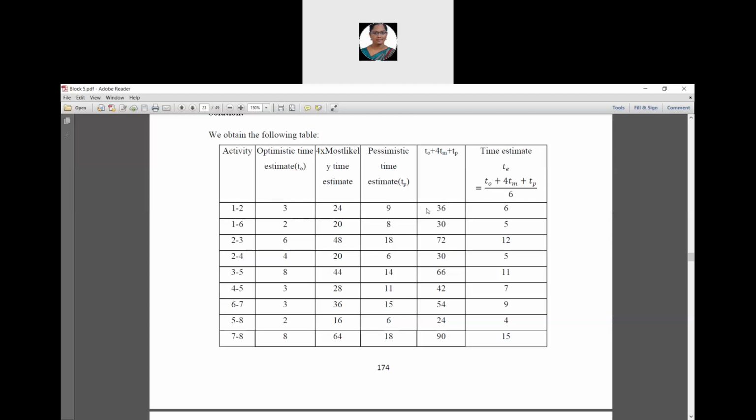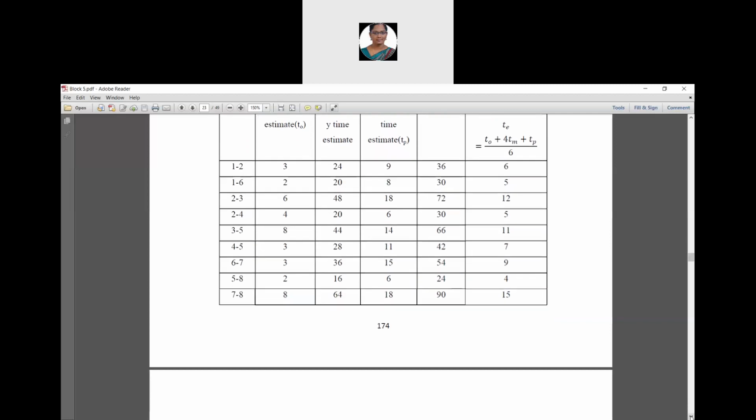The addition of these three time estimate values is 36, that is 3 plus 24 plus 9, and this 36 is divided by 6, giving the time estimate te as 6. Likewise we are going to calculate the time estimate values for all the activities.